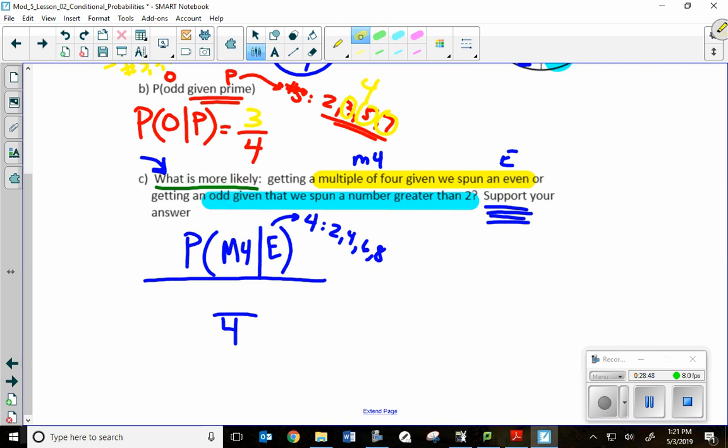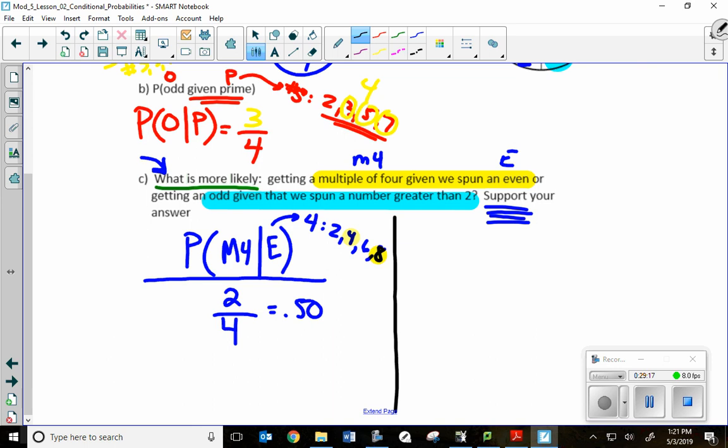Well, multiples of 4 are counting by 4: 4, 8, 12, 16, 20, and so forth. So what numbers are multiples of 4? 4 and 8 are. So 2 out of my 4, 0.50. There's a 50% chance. The probability is 0.50 that if I spin this and land on even, that it's a multiple of 4.